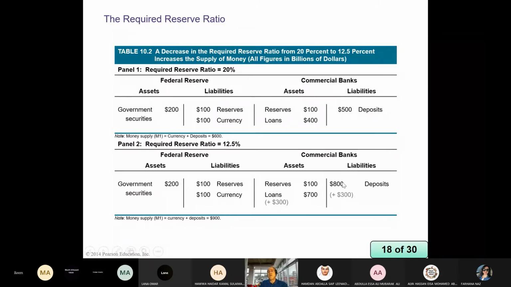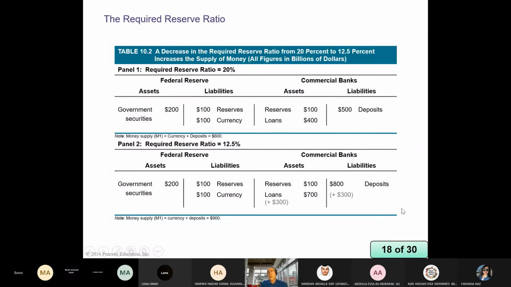So the commercial banks will start to give more loans, and loans will be converted into deposits again until we reach this new balance sheet. So what happened here? Total deposits increased by 300, loans increased by 300.